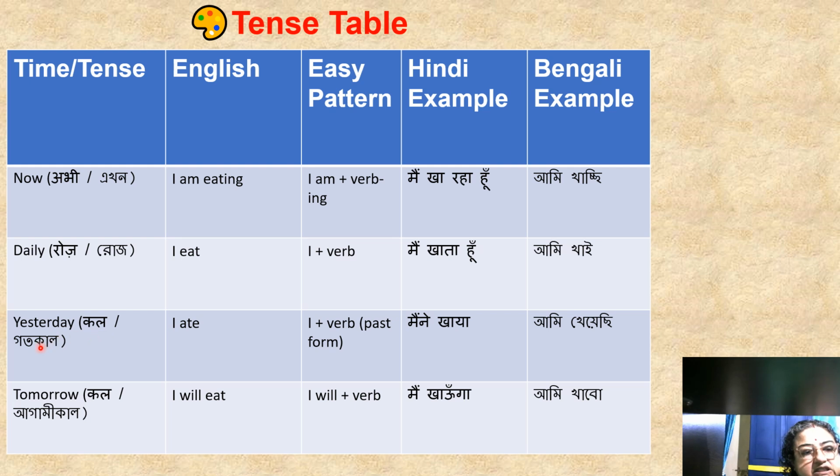Yesterday means কাল, গতকাল in Bengali, and I plus verb plus tense means past form, you can say. So past form of the verb. So I ate, it's the past form of eat. मैंने खाया, আমি খেয়েছি। Tomorrow, কাল and আগামীকাল: I will eat, I will plus verb.